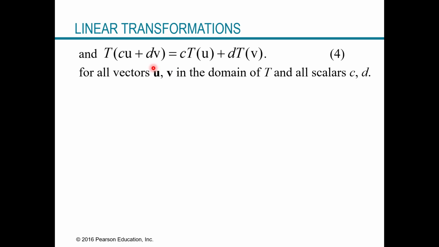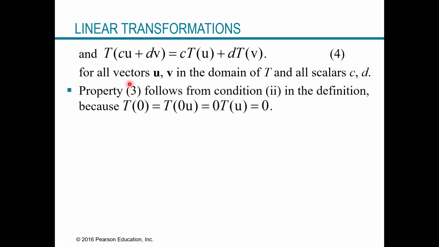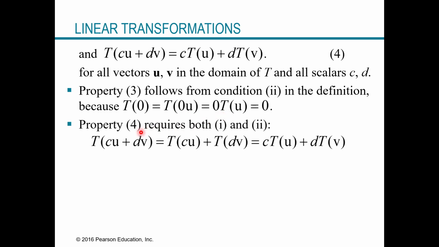Okay, so if you know your transformation is linear, then you can use this equation here. And so our property 3 follows from the condition of property 2, that T of 0 ends up being 0. And here's just a brief explanation why. And then property 4 is true if you use both properties 1 and 2 to rearrange your equation.